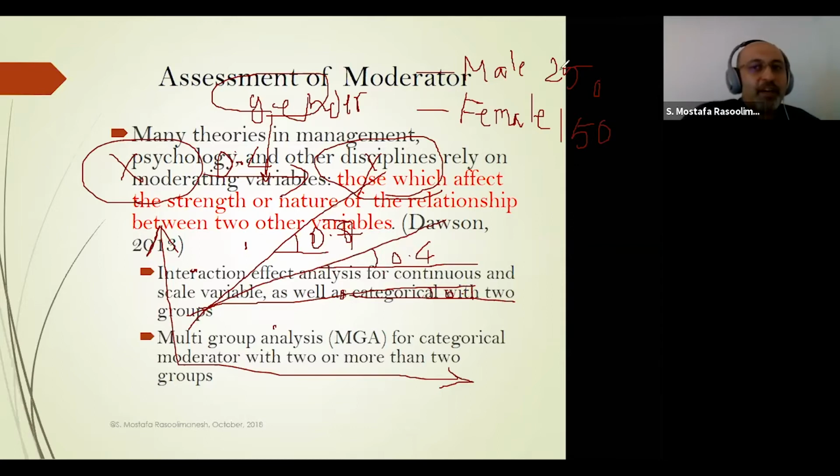The effect of x to y for male is significantly stronger than for female, because it is 0.7 for male but 0.1 for female. So gender is a significant moderator in this situation.